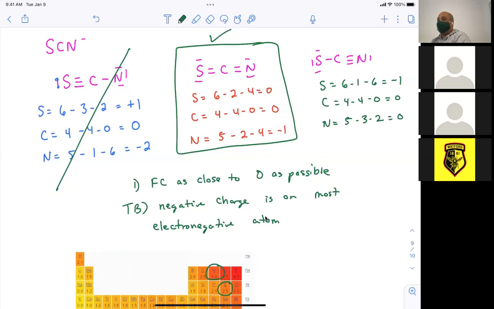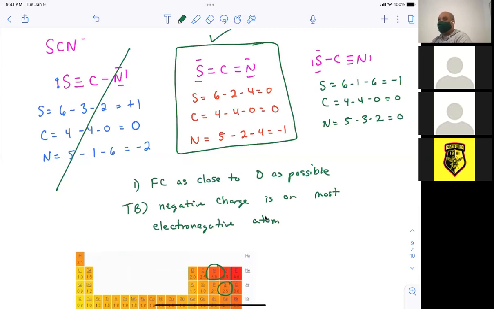Mateo. Oh, I thought I saw your hand up. So what's TB? Oh, tiebreaker. So you first eliminate any one where it's not the same formal charges. And then if there are two that are identical except for where the negative charge is, the most electronegative one gets the negative charge.